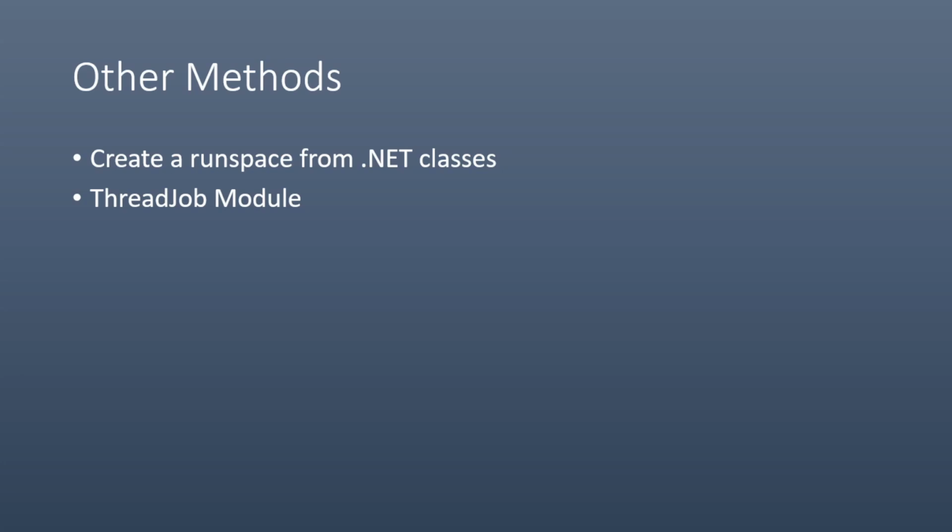Also, with method one, where we're going to use the parallel parameter with the ForEach-Object cmdlet, we could also create runspaces directly from .NET classes if we wanted to. So if you wanted to create runspaces but were limited to using PowerShell 5, you could still potentially get away with that.